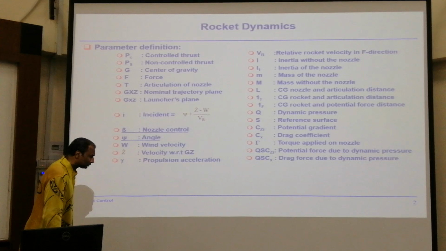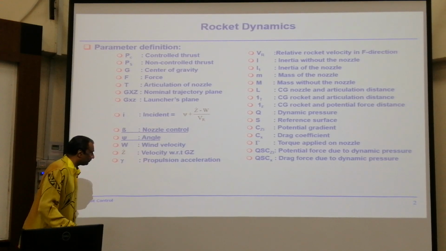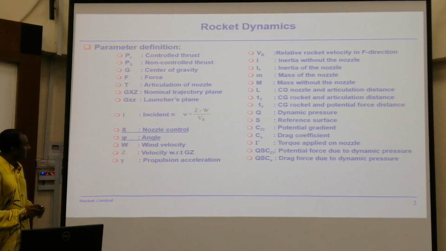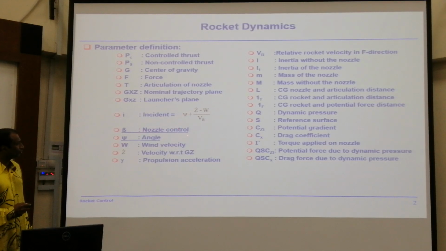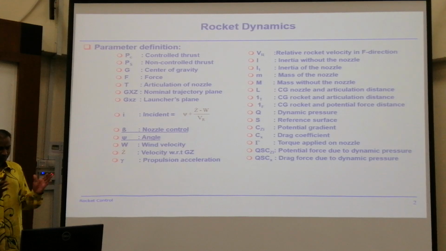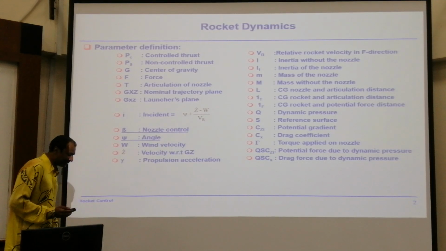Now, importantly, as I mentioned just now, nozzle control and angle is what is important. At the end of this chapter, you will see how we are going to tie these two quantities together.